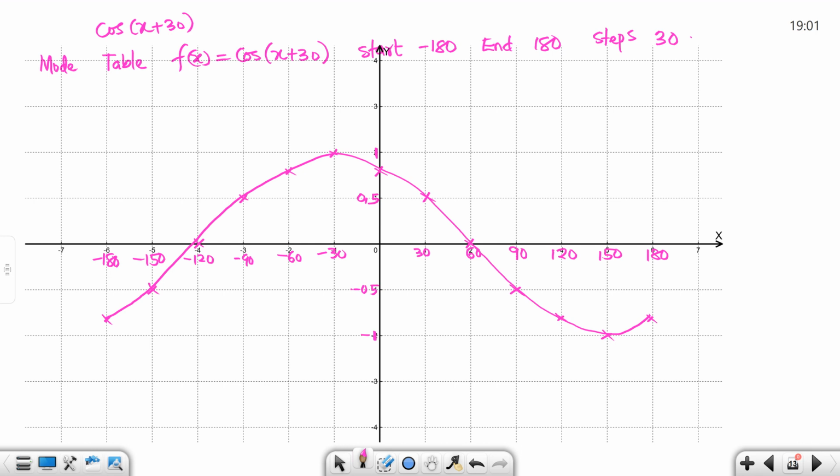It is X. Your X is right here. Alpha X plus 30. Okay, so quickly, let's all get it now.